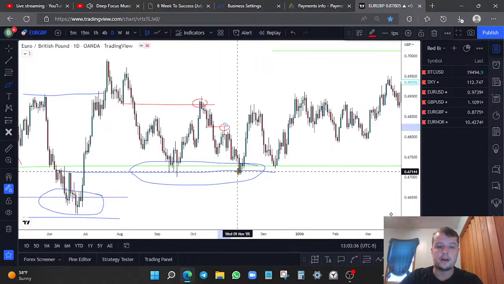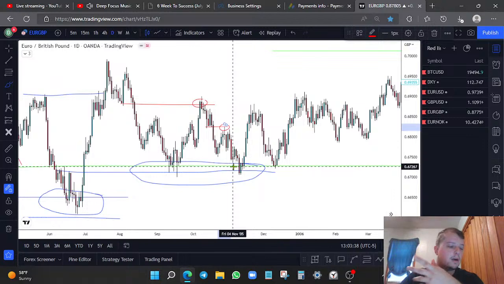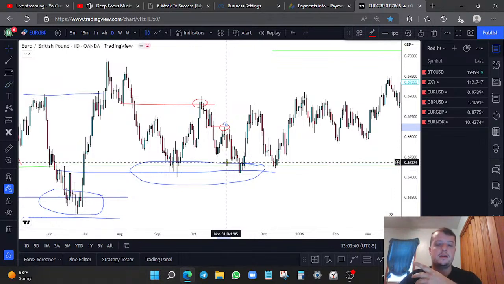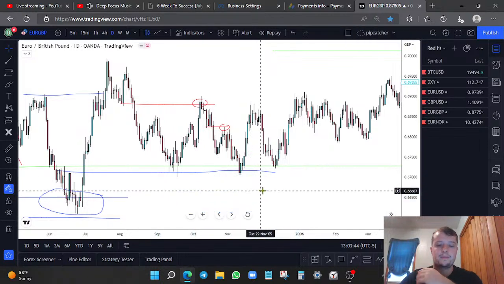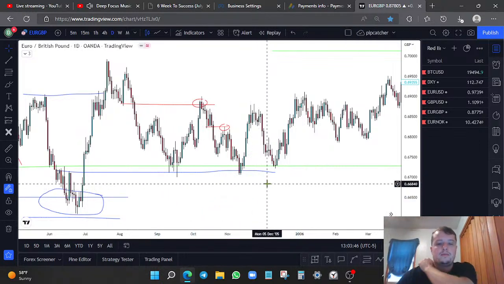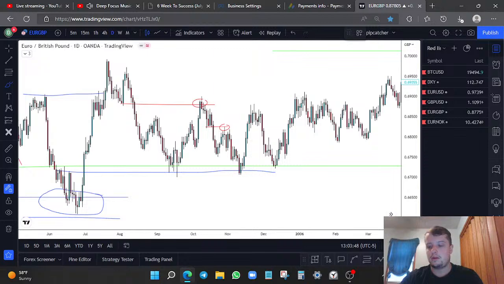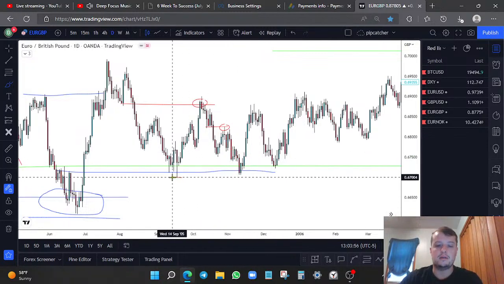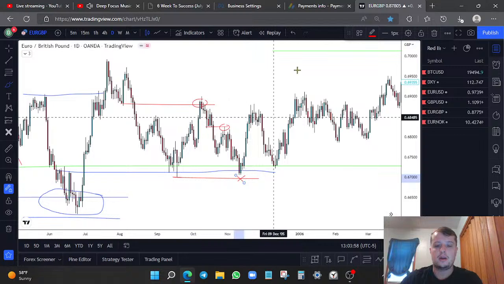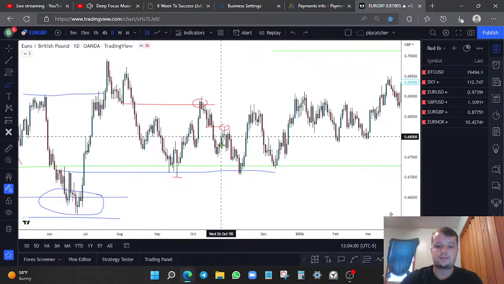And now we made our way back down into that monthly and that weekly point of interest where I had this circle. So look what happens, right? Price comes down, doesn't break this low here. It doesn't break the low, right? So what happens?